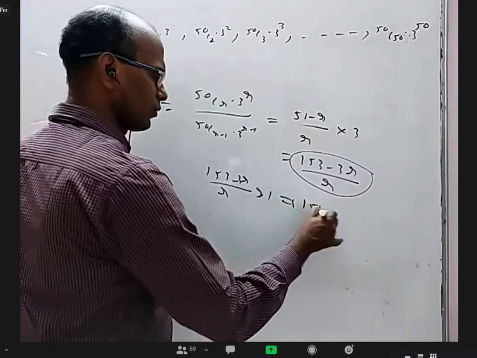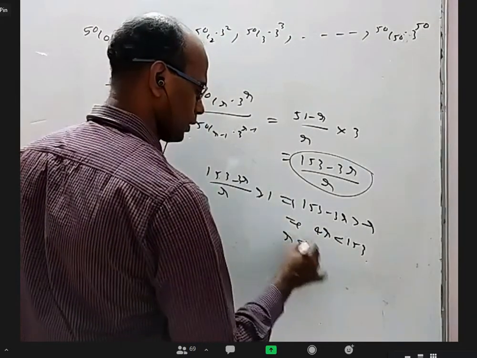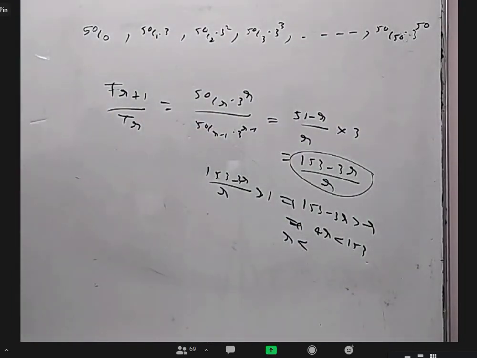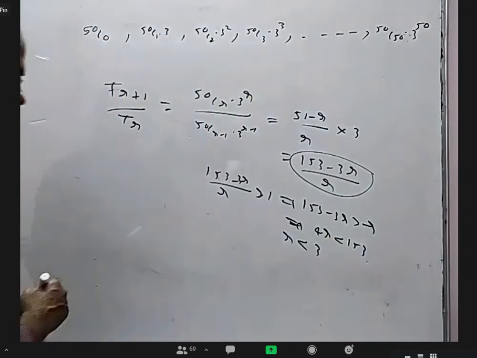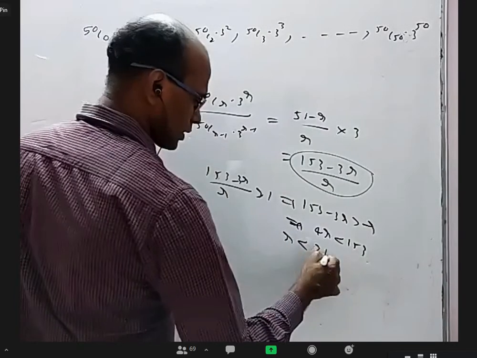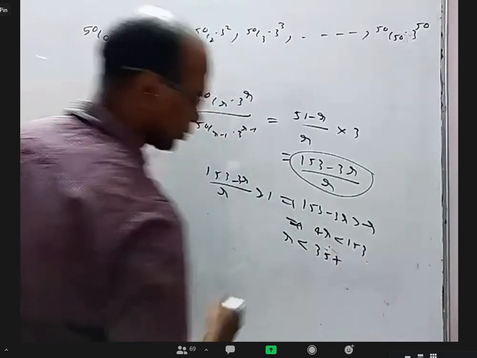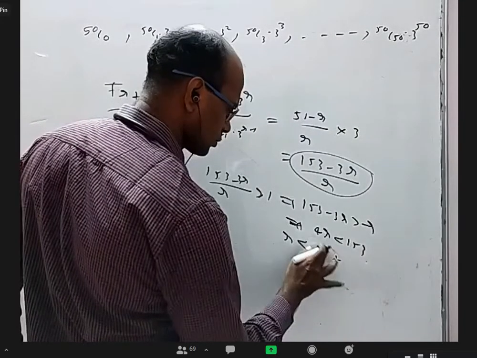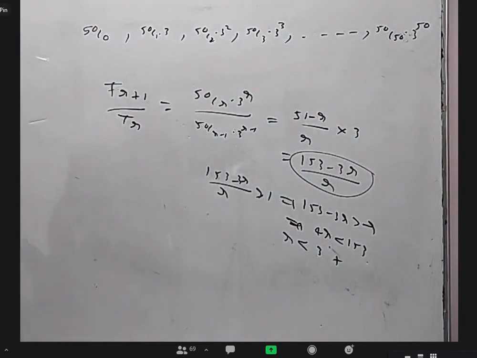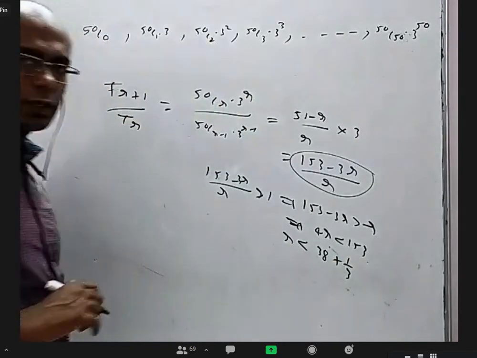What will happen? 153 minus 3r is greater than r, so 4r is less than 153, and r is less than, excuse me, 4 3s are 12, 33 is this. 33 means 4 8s are 32. This is 38 plus 1 by 4. Am I right? Yes, sir.